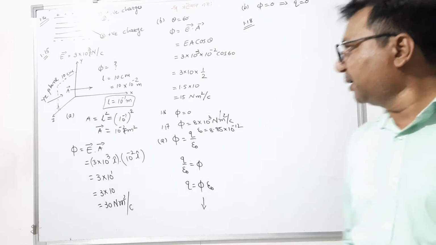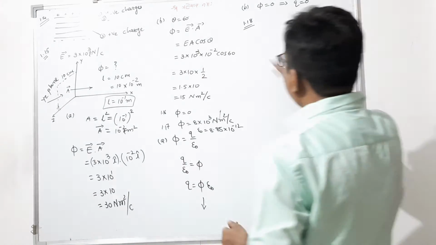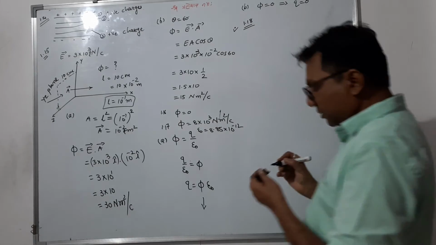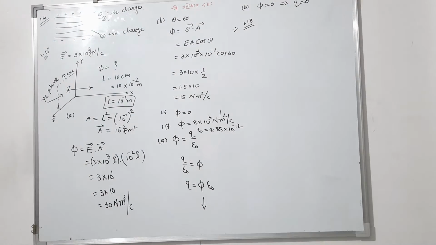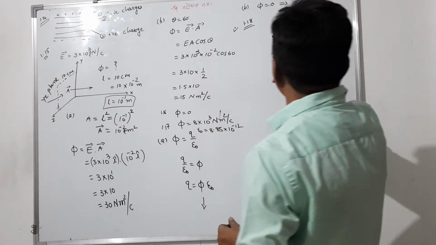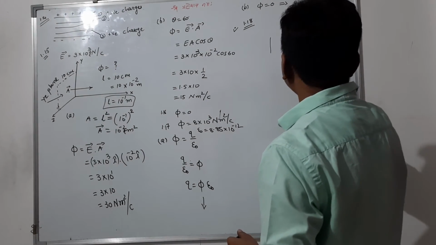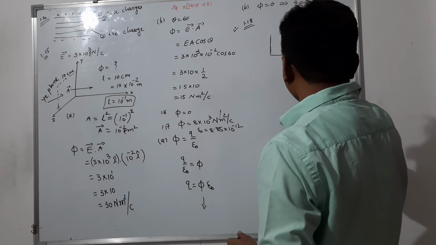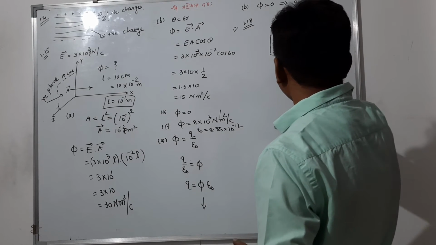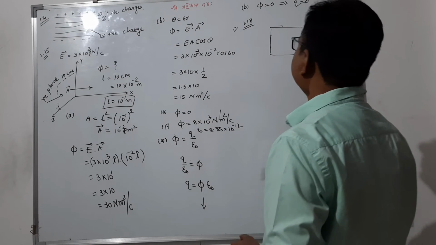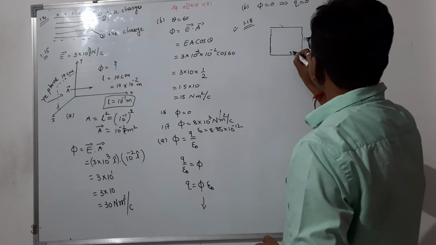See, in 1.18, it is important. This one must also be done by you. So here you are given a square, a square of length 10 centimeter. This is a square.